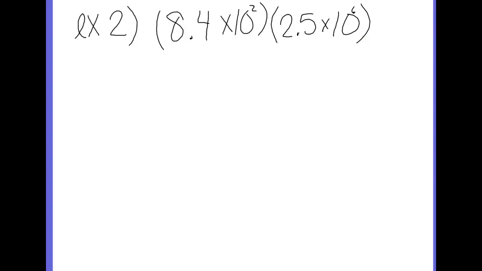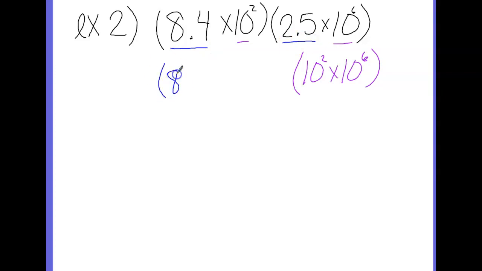Okay, what am I going to group together? My tens. Okay, so I'll have 10 to the second times 10 to the 6th. And then I'm also going to group my coefficients. So I'd have 8.4 times 2.5.